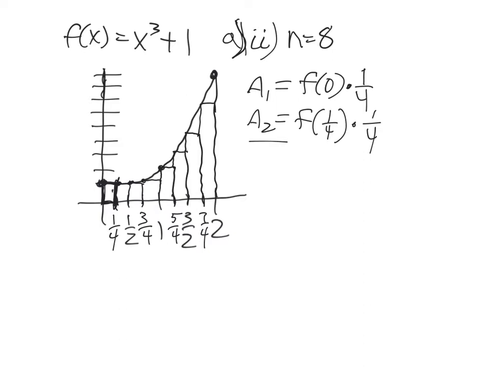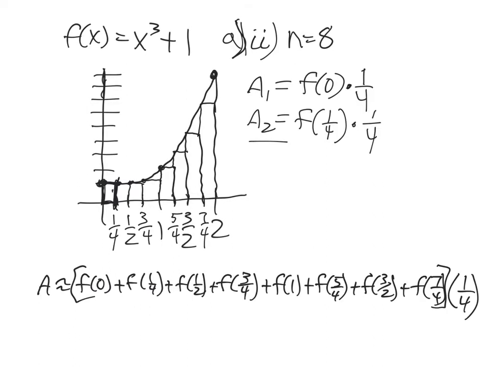Let's just go ahead and write out term by term here at the bottom. And we'll say the area is equal to, well, because of the equal widths, let's go ahead and factor out the 1/4. And we'd have f of 0 plus f of 1/4 plus f of 1/2, and so on. So this would be the long drawn out way of writing the length times the width, where our equal width is 1/4.